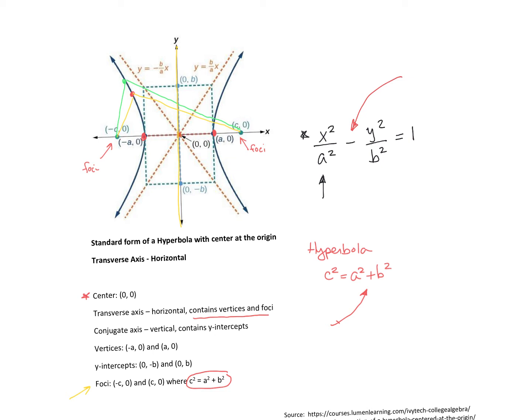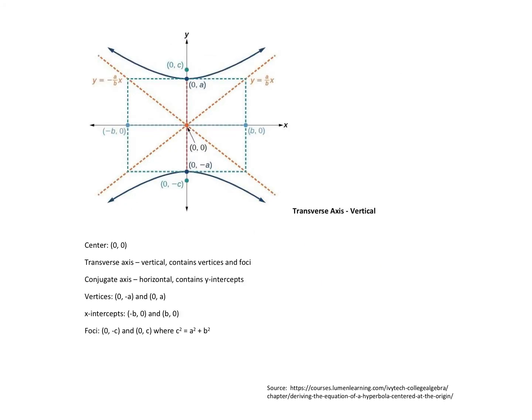Now, I said something about this x squared being first or being positive, and that's how we know it opens on the x-axis. But we could also have a transverse axis that was vertical. So remember that the transverse axis is between the two pieces of the graph. In that case, it would look like y squared over a squared minus x squared over b squared equals 1.